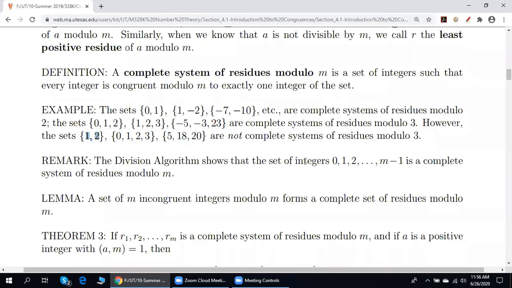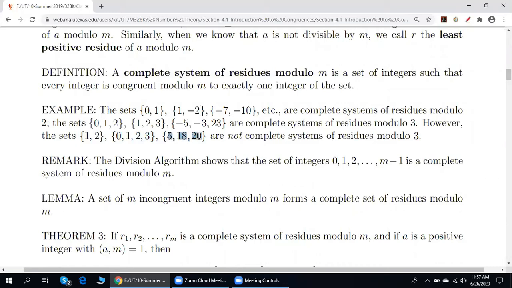This is not a complete system of residues because it has fewer than 3 elements. We need m incongruent integers. Here we have m minus 1. Over here we have m plus 1. It is not a complete system of residues.